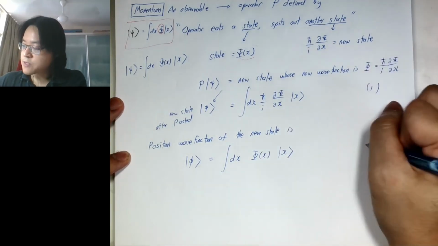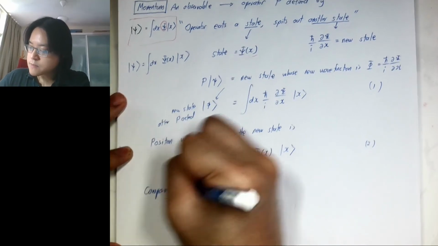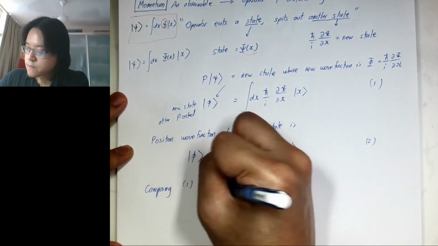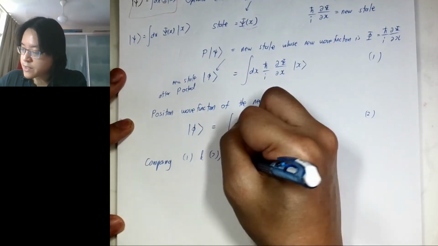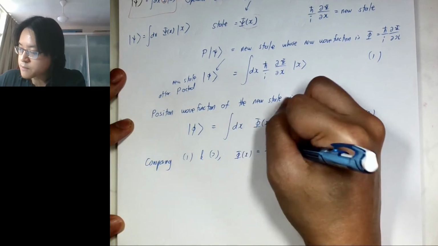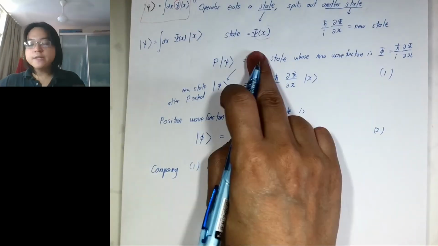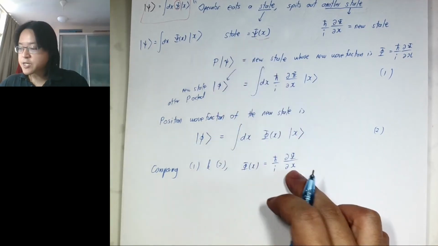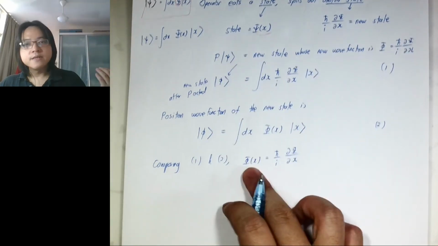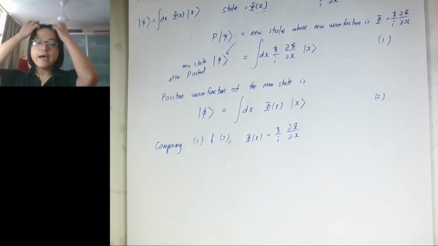So if I were to compare equations 1 and 2, the new wave function is given by h bar over i partial psi partial x. Given a wave function, I differentiate, times h bar over i. This is my new wave function after my momentum operator acted on it.